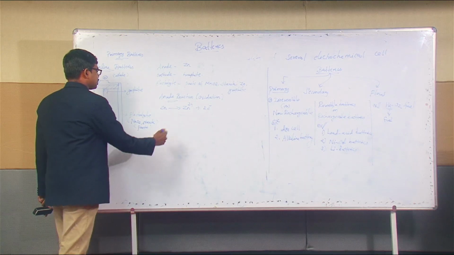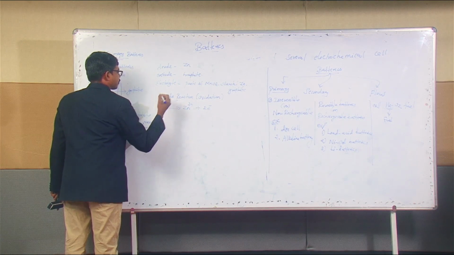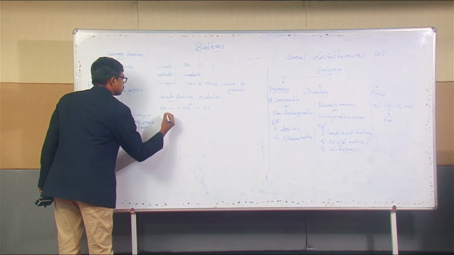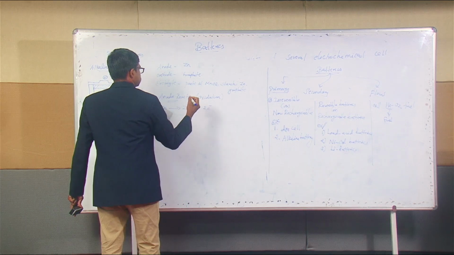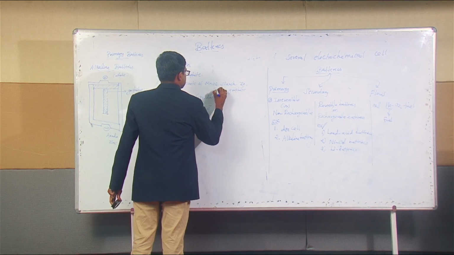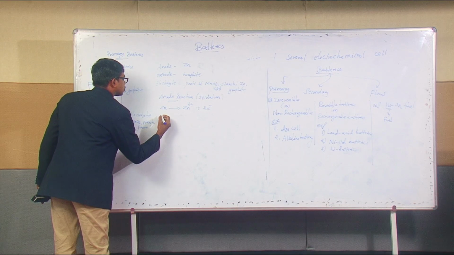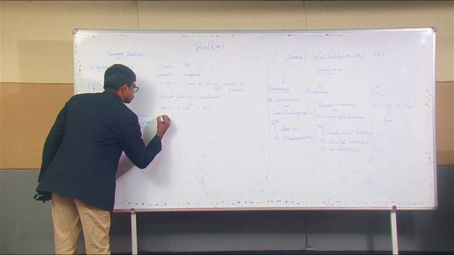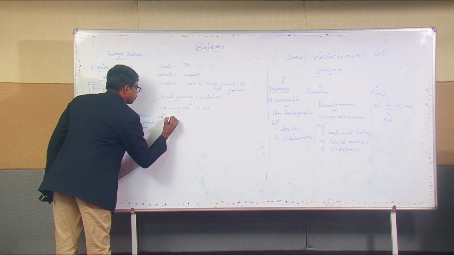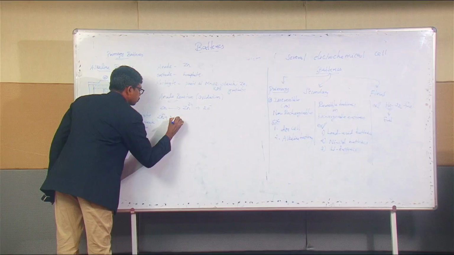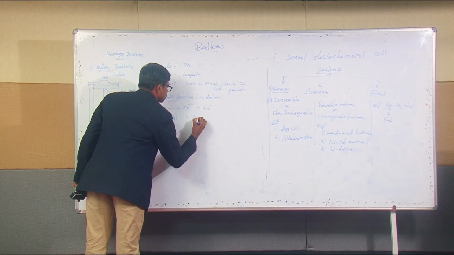After the Zn2+ ion is released into the electrolyte, which consists of KOH, Zn2+ reacts with OH minus to form zinc hydroxide.